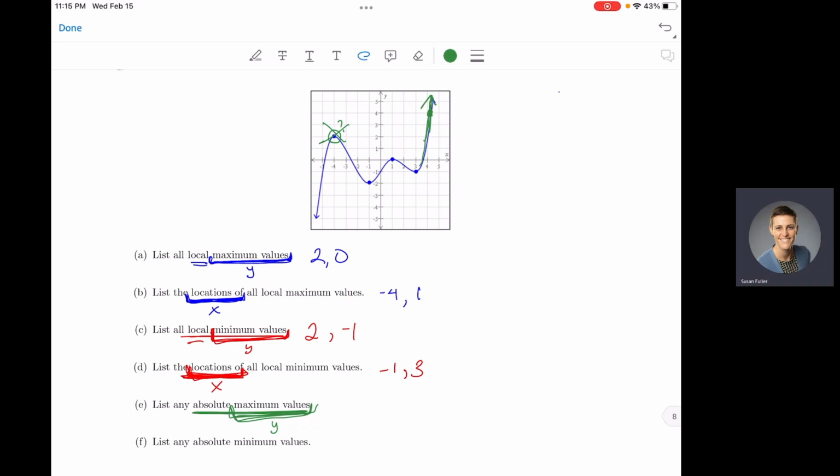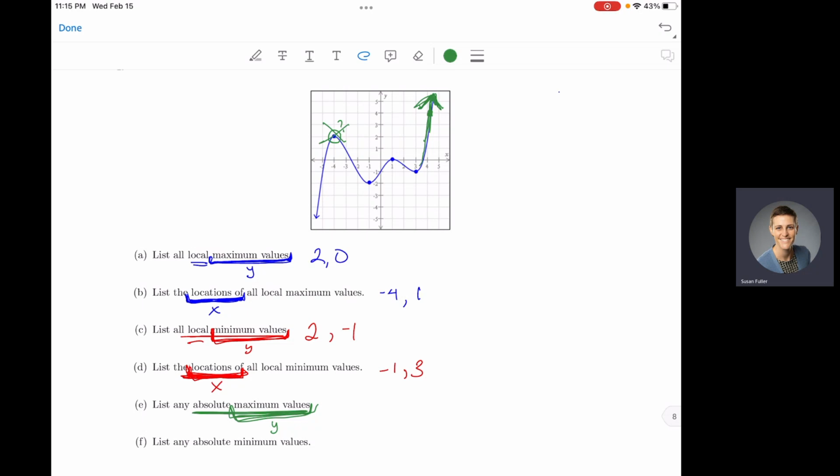Now, what is our absolute maximum here? That arrow says this thing keeps going forever. So does that mean infinity is going to be my absolute maximum value? Well, again, to be an absolute max value, the function must achieve that value. The function must actually hit that value. We're going to continue on forever in search of y equals infinity.